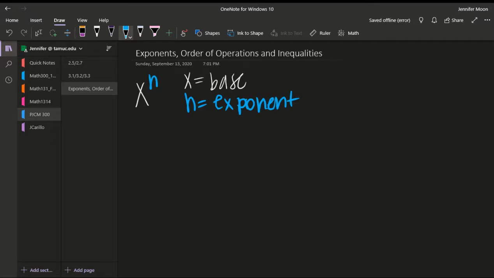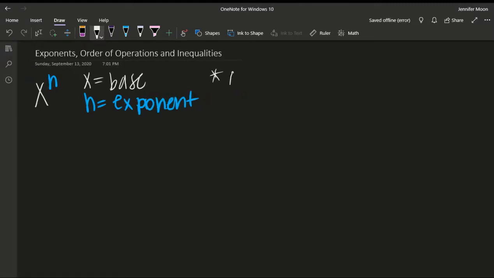So this would be written in exponential form because it has an exponent. Whenever you see this, it wants us to multiply our base n times.